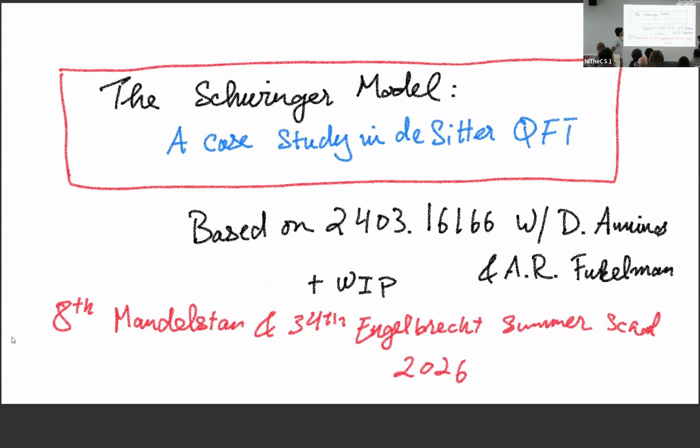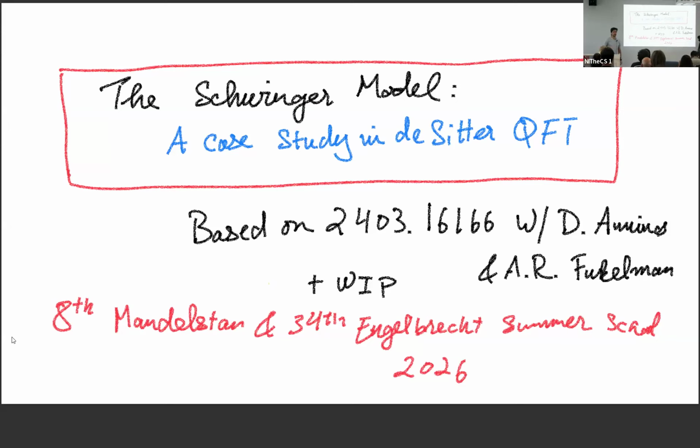Okay, so building on my previous lectures, I'm going to tell you about a particular model, which is a very famous model in the history of quantum field theory, that we can use to learn a little bit more about physics in de Sitter, and particularly QFT in de Sitter, that is beyond the reach of other QFTs.